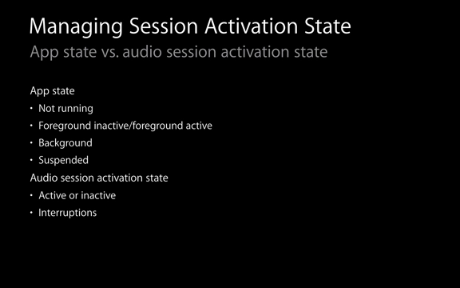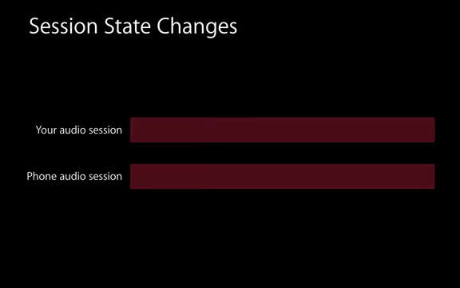Your audio session activation state is binary. It's either inactive or active. Once you've made your session active, you do need to be prepared to handle interruptions, and we'll talk about what that means. So let's look at an example of how an audio session state changes over time.